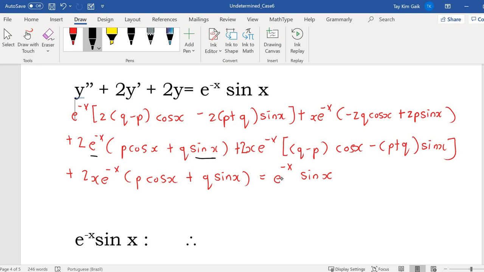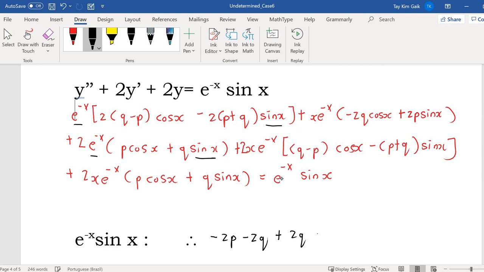How about this one? Exponent negative x time with sin. So it's here. Negative 2p, negative 2q. This term, negative 2p, negative 2q sin x exponent negative x, with this one 2q.